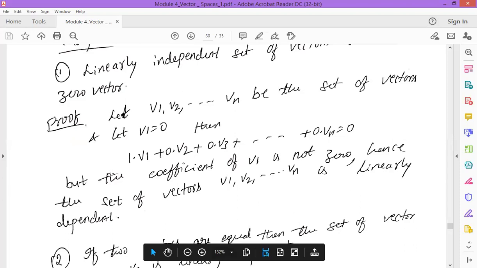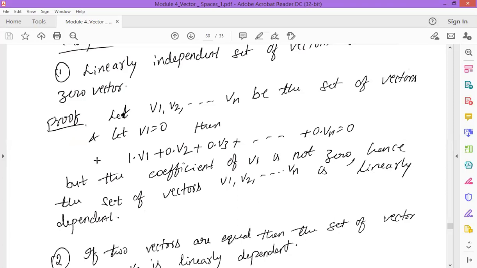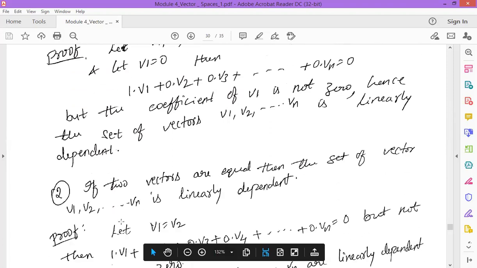Remember the coefficient property: the scalar values a1 up to an must all be 0 for independence. Even if any one of the vectors is 0 and you get the net result as 0, it doesn't mean they are linearly independent unless the coefficients a1 up to an are all 0. This is one of the properties.